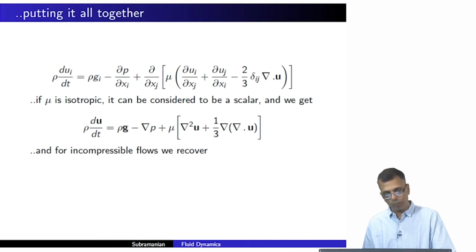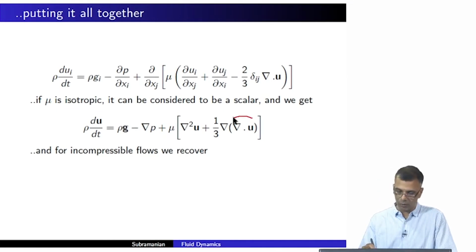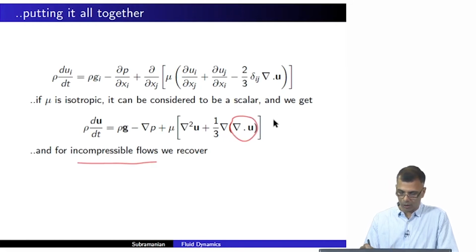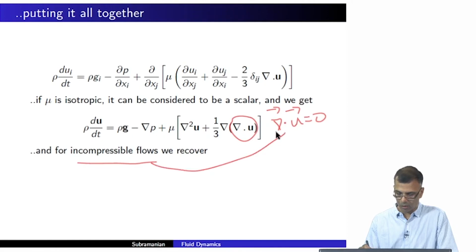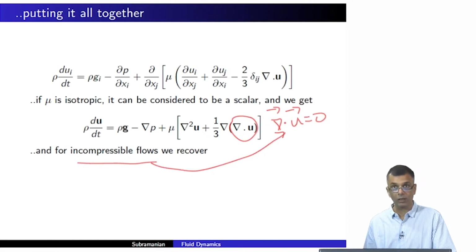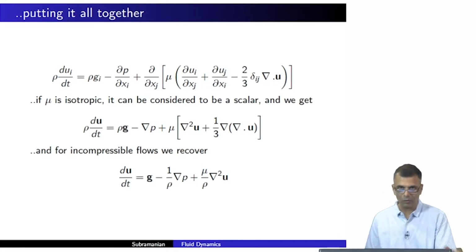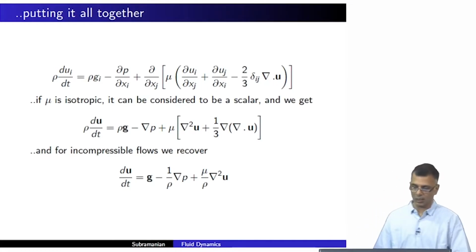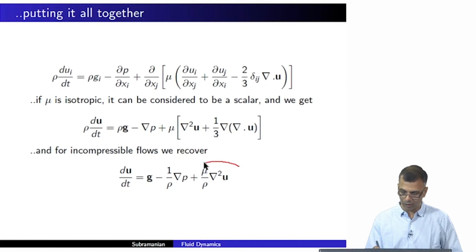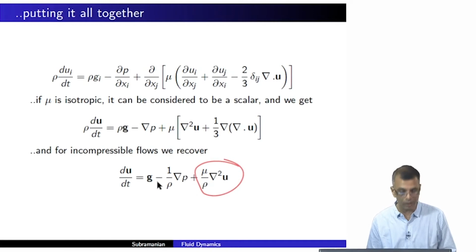And for incompressible flows, for which the divergence of u vanishes, remember? That's what an incompressible flow looks like. So you recover this, which is what we'd written down from somewhat more intuitive considerations. And you recall that without this, this looks just like the Euler equation.